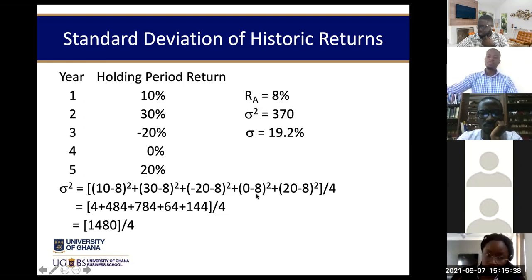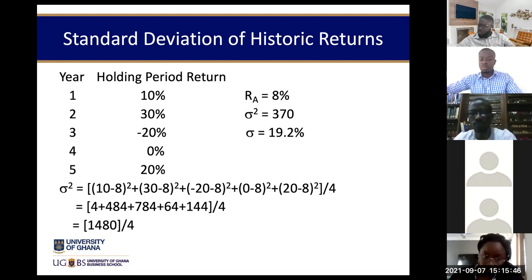It's like somebody said they'll give you $8, and then they didn't give you anything. So what's your loss? You lost $8, right? Our expected return in year 4 was $8. We didn't get it. We got 0. So there's a loss of 8. So the surprise is minus 8.